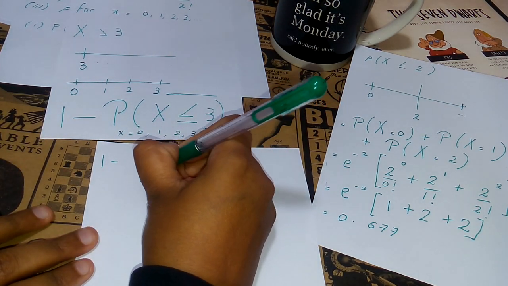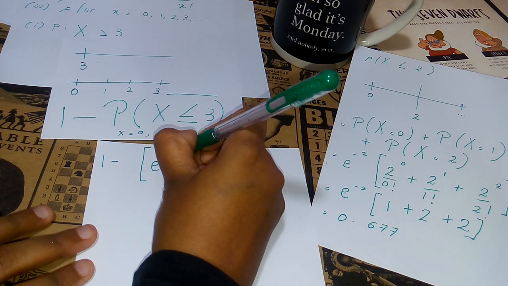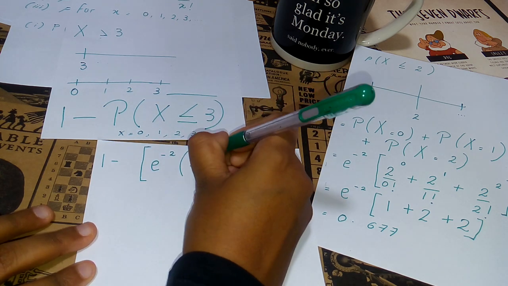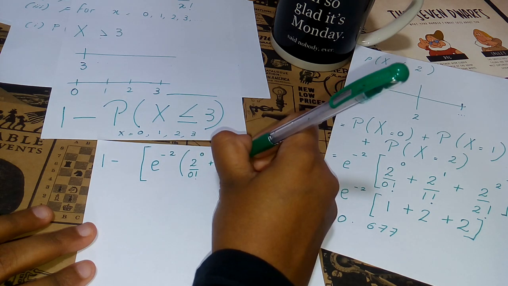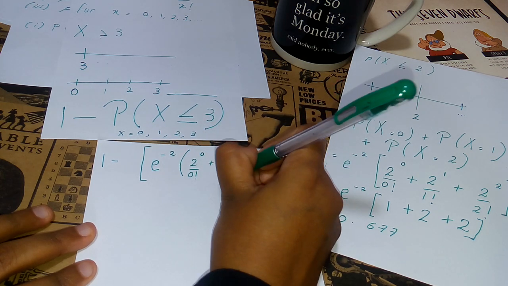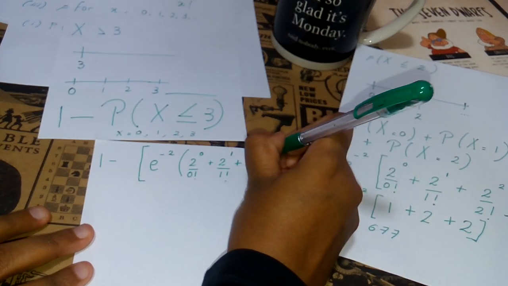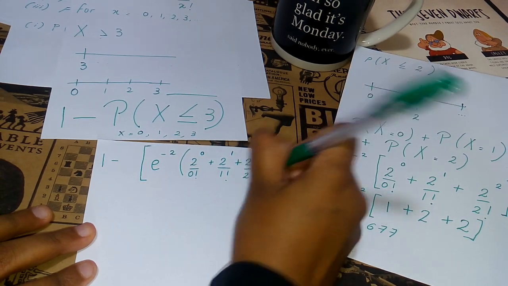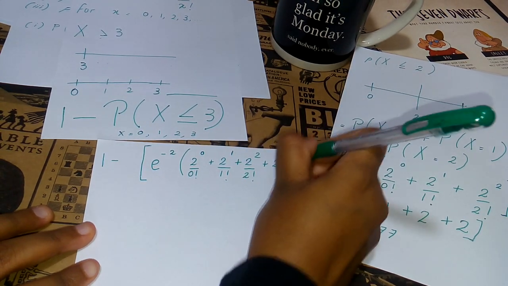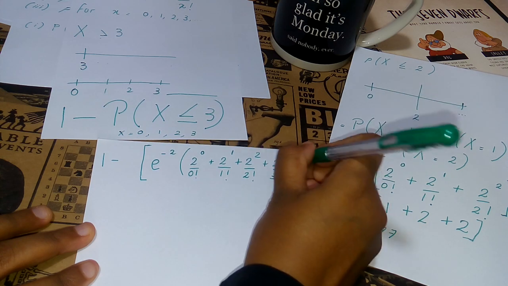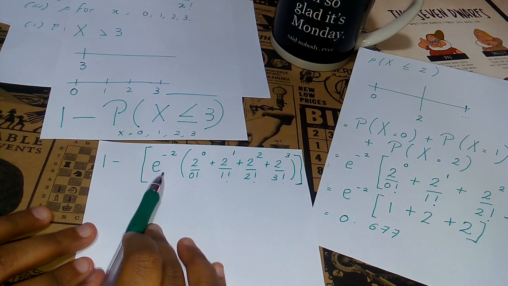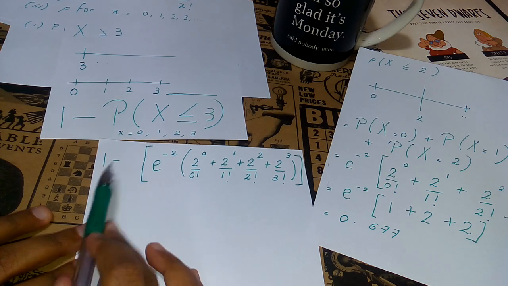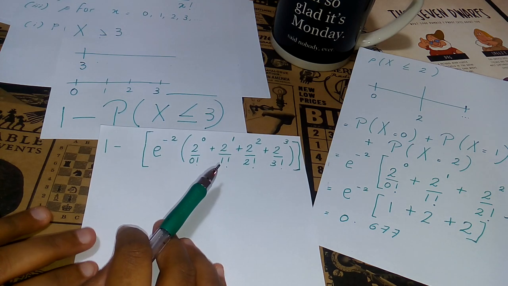So we have e to the power negative 2, times 2 to the power 0 over 0 factorial plus 2 to the power 1 over 1 factorial plus 2 to the power 2 over 2 factorial plus 2 to the power 3 over 3 factorial. Again use a calculator to calculate this part, multiply by the exponential of negative 2, and then 1 minus the answer.